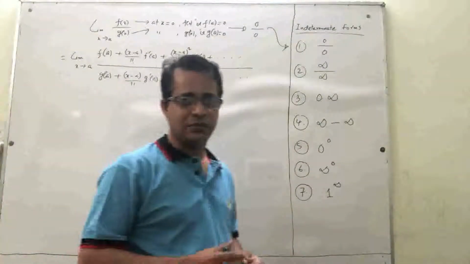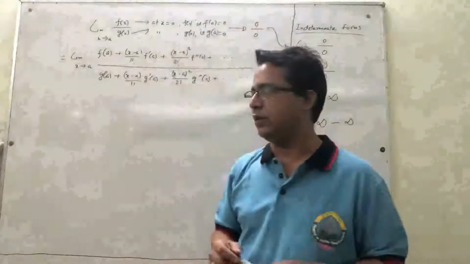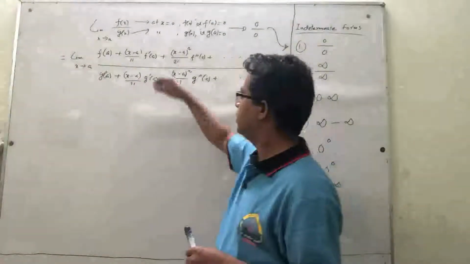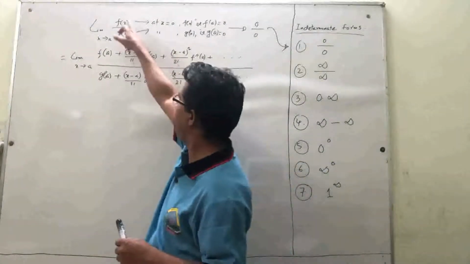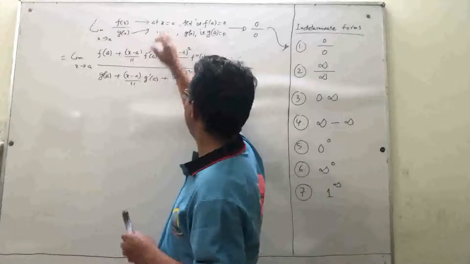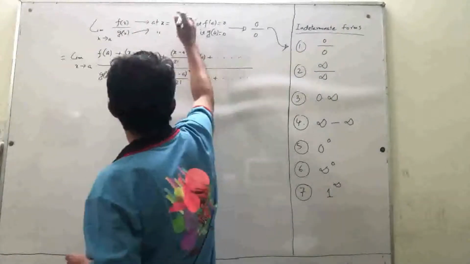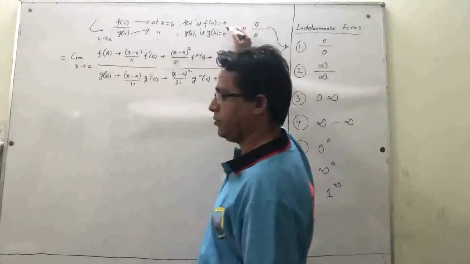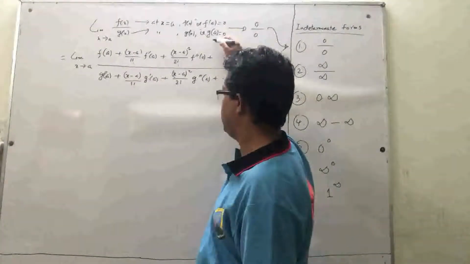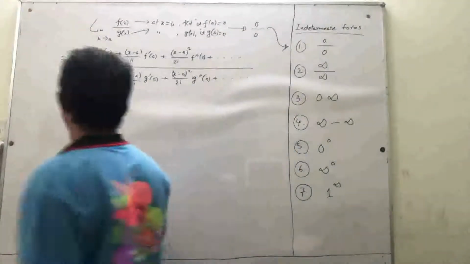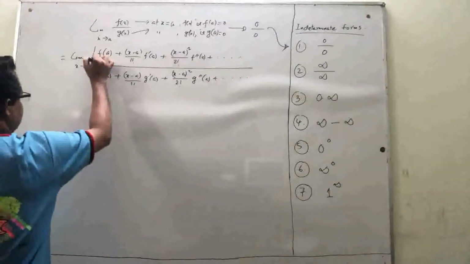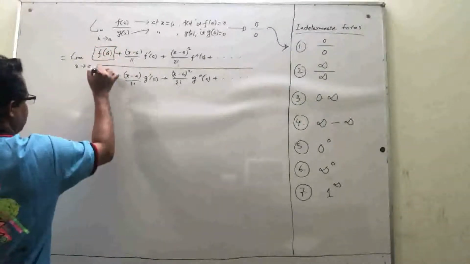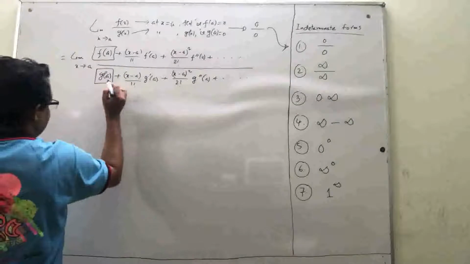Now, one thing is very important. We know that the functional value of f at x equal to a, f of a, equal to 0. Also, g of a equal to 0. Since these two terms are 0, they will be eliminated.